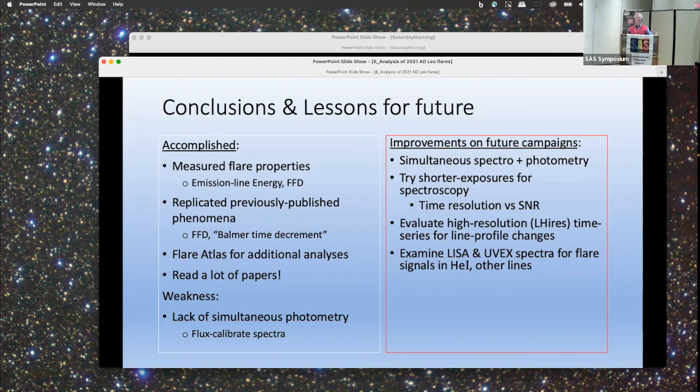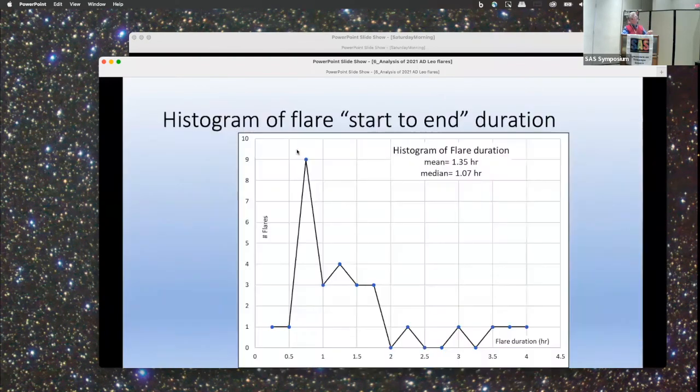So let me ask Jessica Draper to unmute and ask her question. Go ahead, Jessica. Hi, I had a question about one of the earlier slides where we were looking at the time series of the two flares. There was flare number 1, and then later on there was flare number 2.